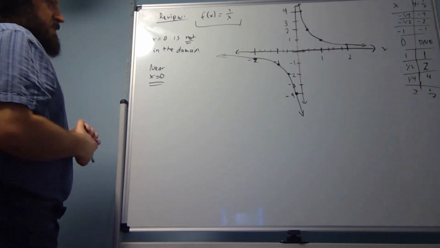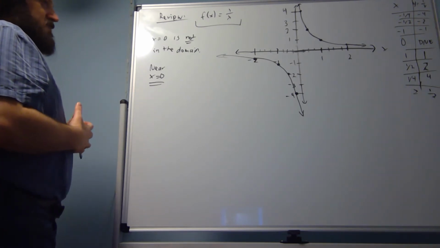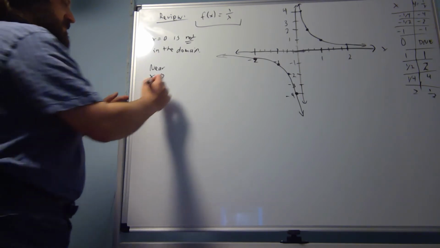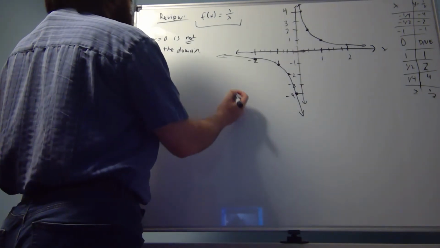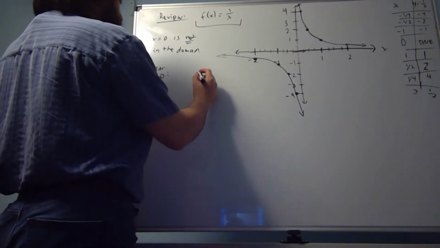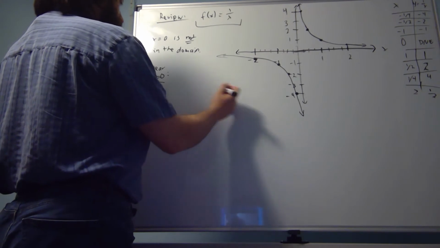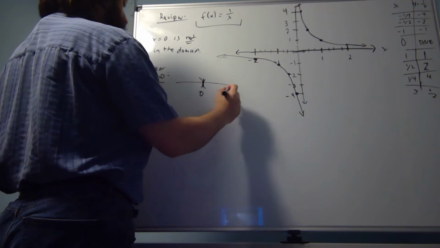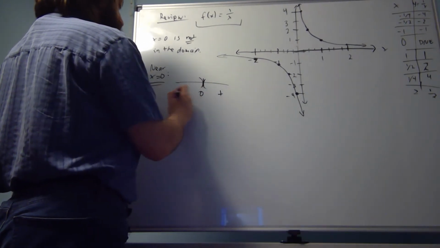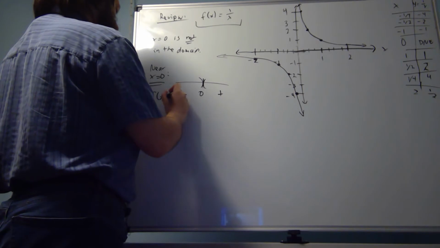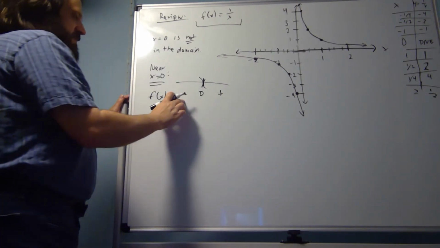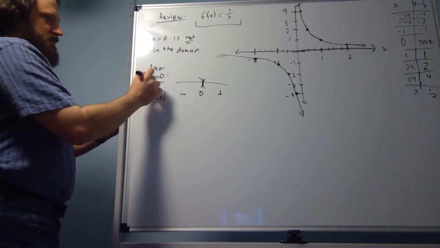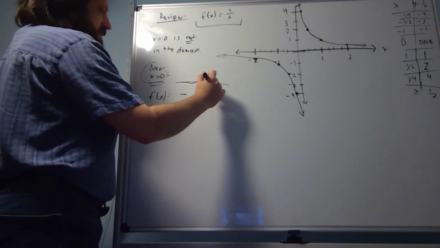A lot of calculus is about asking what happens when x is very close to the endpoint of the domain. So we've got x equals 0. And we're getting all these negative numbers to the left of x equals 0. This bad point is not in the domain.